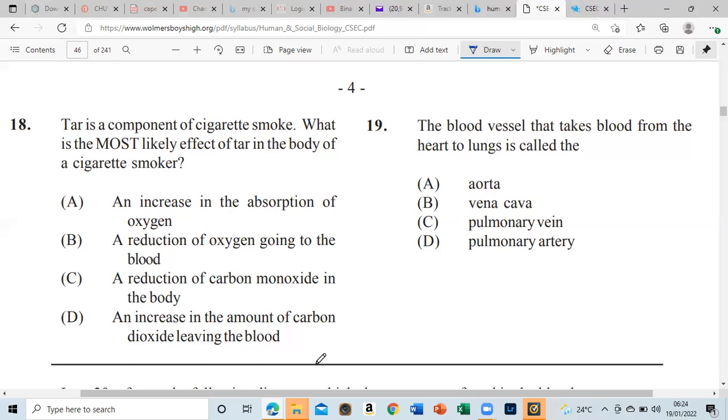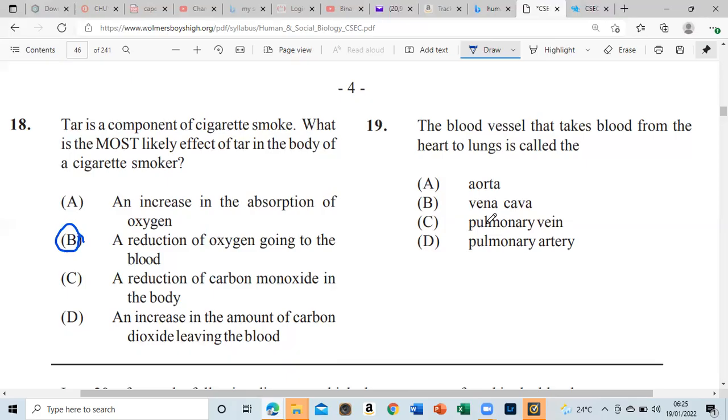Or C, a reduction of carbon monoxide in the body? Or D, an increase in the amount of carbon dioxide leaving the blood? And number 18 is B, a reduction of oxygen going to the blood. So stop the smoking, guys. Stop the smoking. Smoking is no joking.